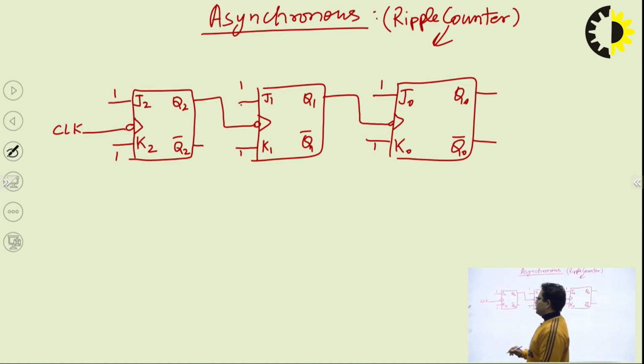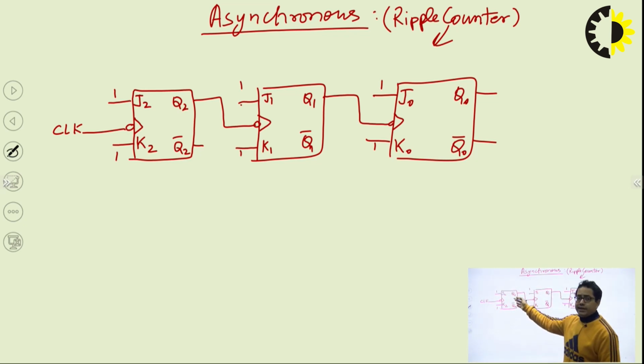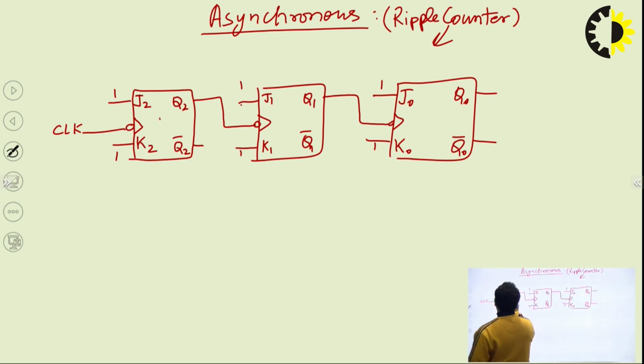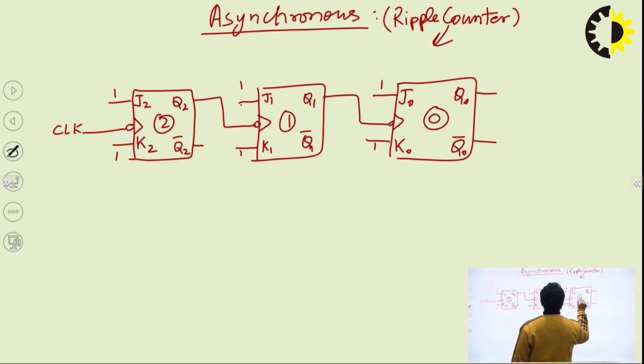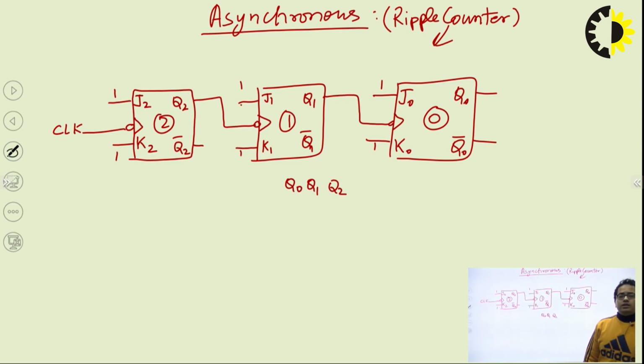I am applying my clock pulse on the first flip-flop, which I name 0. So the output is written as Q2, Q1 and Q0.